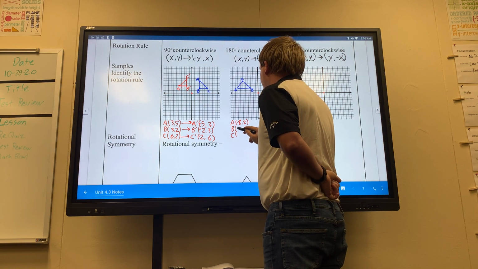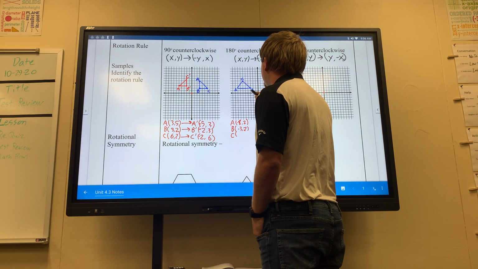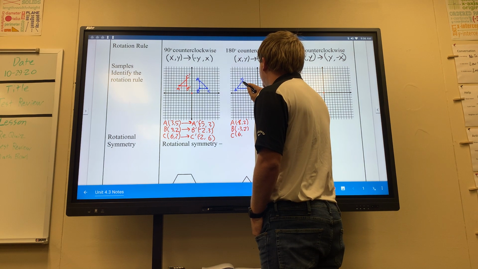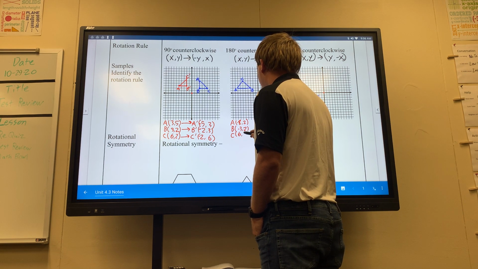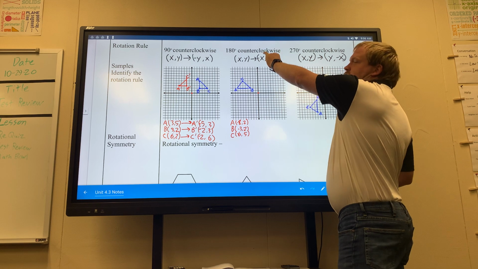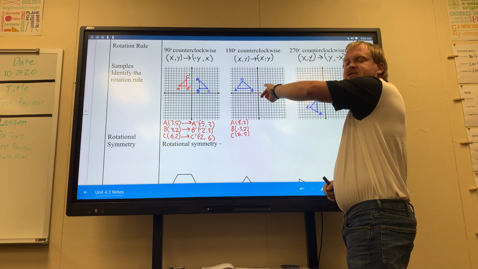Point B is negative 3, 2. Point C is 1, 2, 3, 4, 5, 6, 1, 2, 3, 4, 5, negative 6, comma 5. Now remember, I'm not switching my X and Y for 180, I'm just changing the sign.